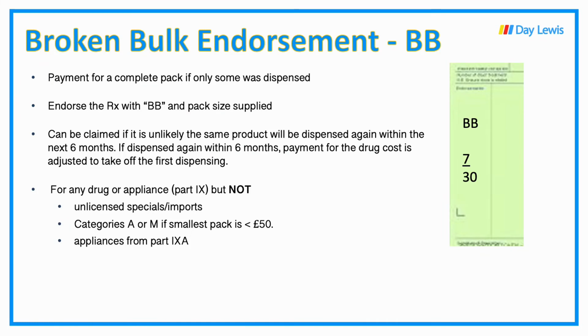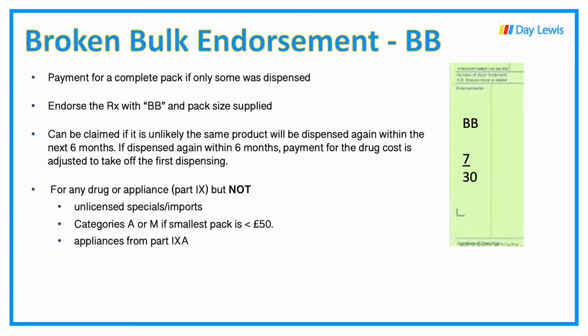So I mentioned the BB endorsement, which stands for broken bulk endorsements. So this is usually a payment that's given to you for a complete pack, even though you have only dispensed part of a pack. So this is usually for an item that you have ordered in specially for a patient as a one-off item, and you're not going to use it again in your pharmacy, so you would need to be paid for the entire pack.